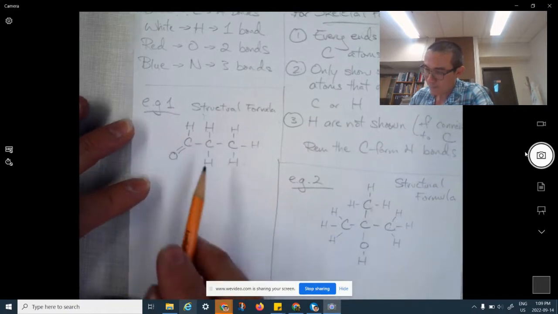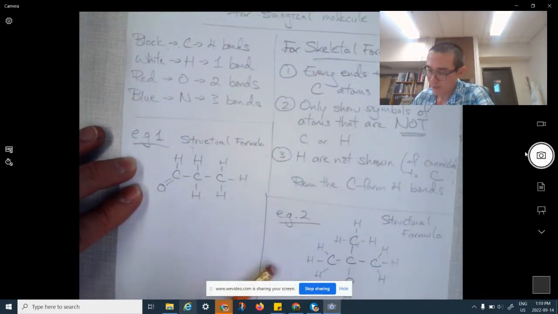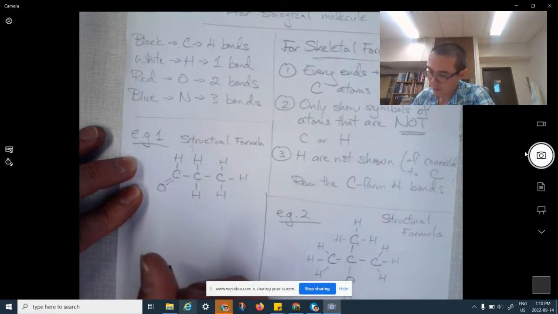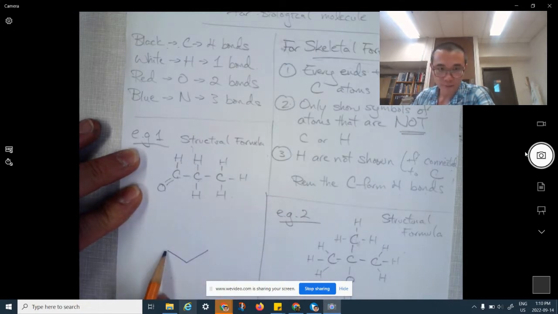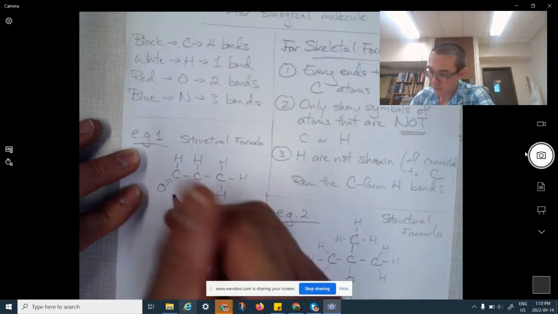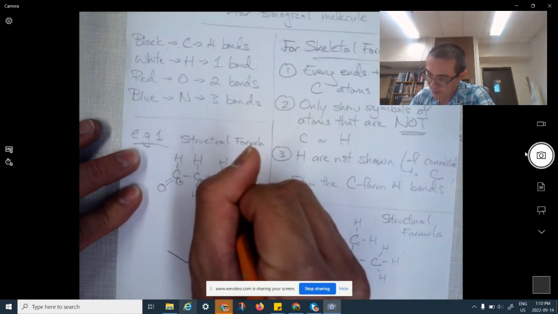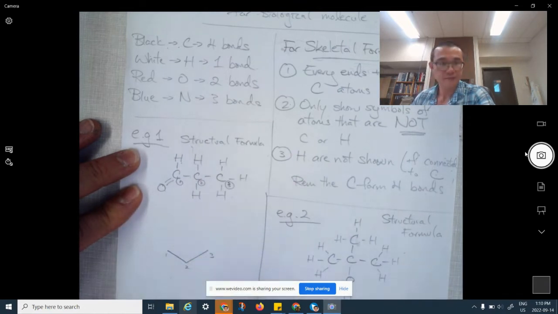Now, for this one, as I said, every end and turn is a carbon atom. So in this case, I have 1, 2, 3 carbons, so I can draw it like this. I'm just going to draw a number on each so it helps you see it: 1, 2, and 3.